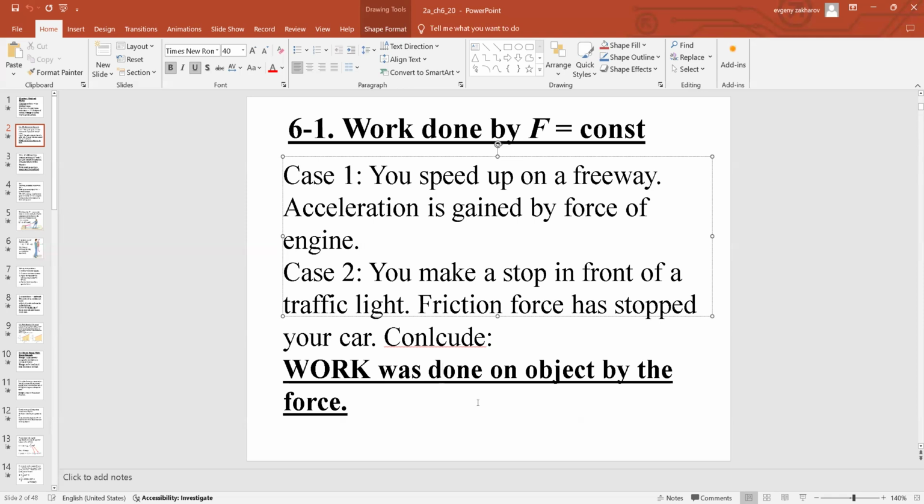And what you have to think of is the work done by a force on an object, on a system. So remember how it was just position, velocity, and acceleration, and we didn't discuss any reasons for acceleration. And then we said, okay, we have a force, which is the reason to gain acceleration.